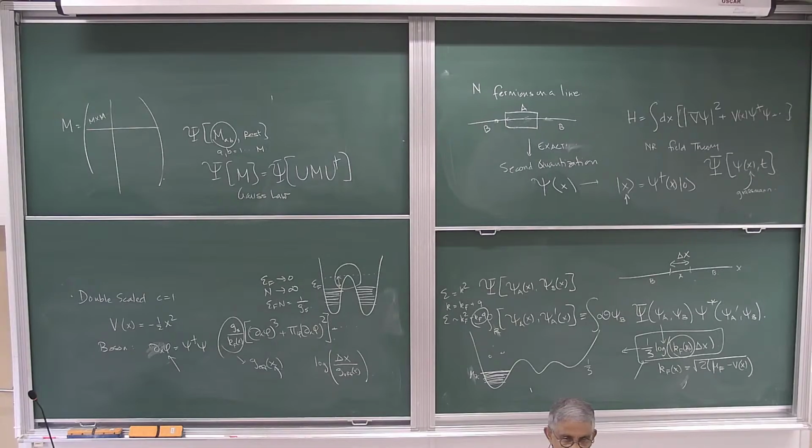The relationship between them, I don't completely understand. It's something which needs to be understood. String coupling enters in any description of D-brane, so maybe that's a reflection of this. Okay. Very good.